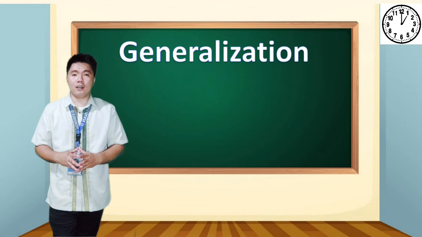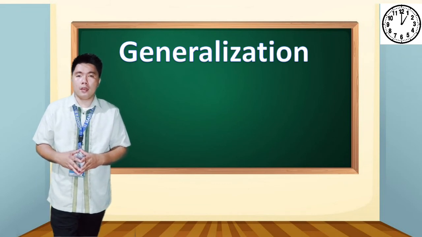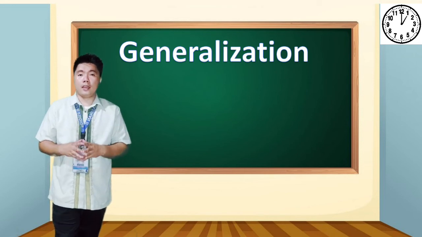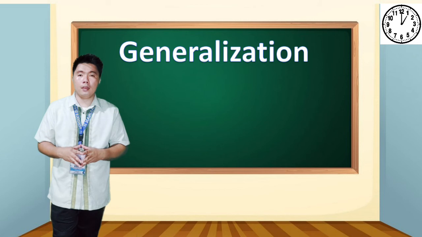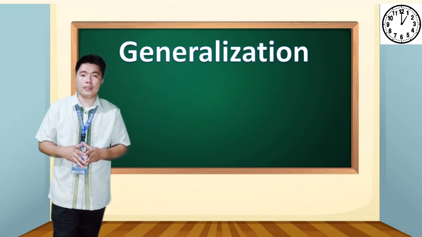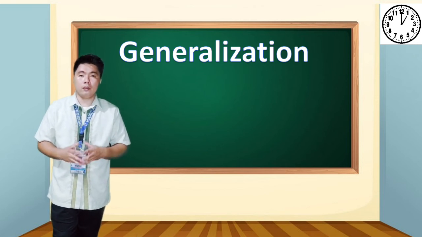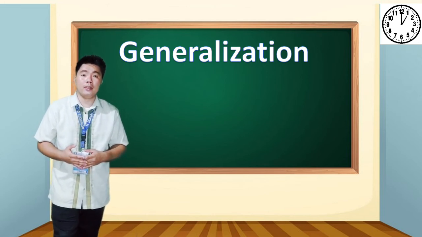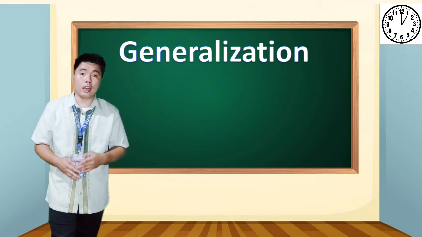Okay students, that's all for our examples on the probability of mutually exclusive events and non-mutually exclusive events. Again, remember the difference between them. Mutually exclusive events are events that cannot happen at the same time, just like tossing a coin.